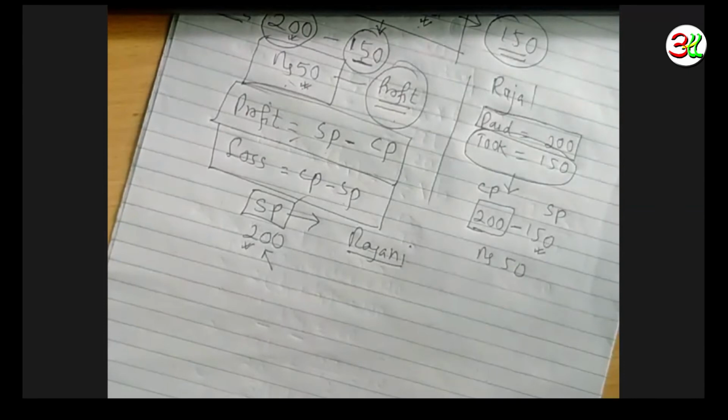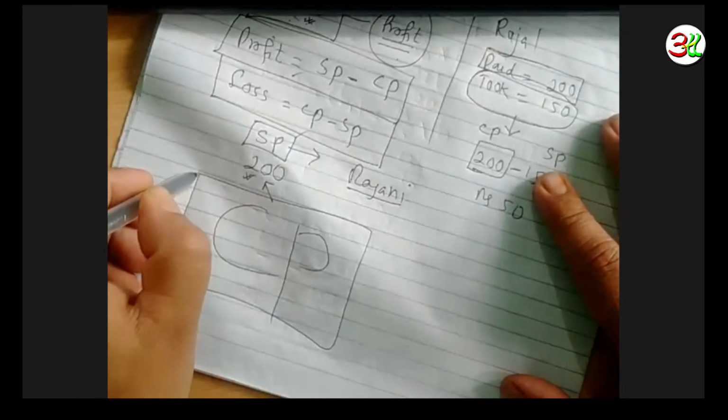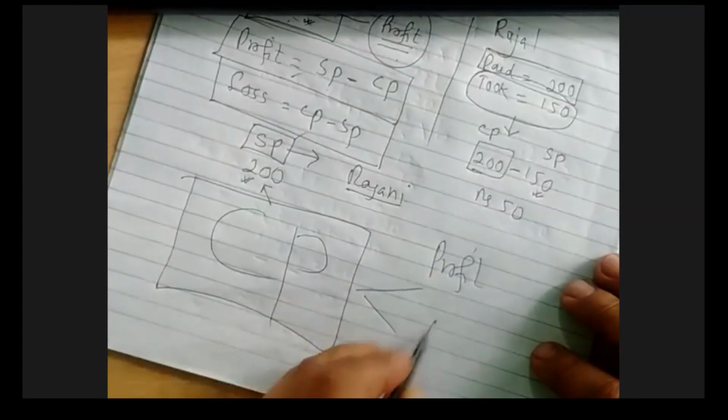Profit? How do you know? You don't know the cost price. So without knowing the cost price, CP, we cannot say either profit or loss.